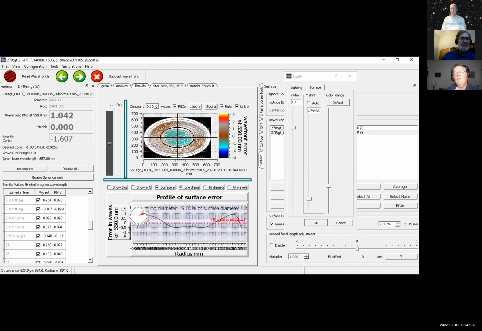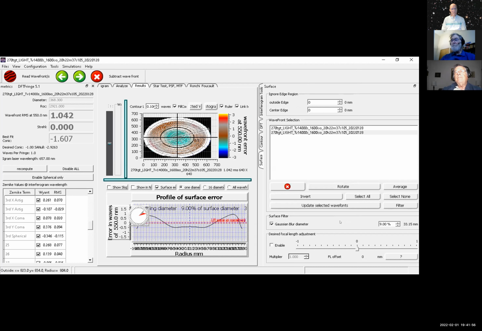It doesn't describe it perfectly, but it's close enough. In other words, you start adding up these terms here, and you get a better and better approximation of what the actual mirror looks like.